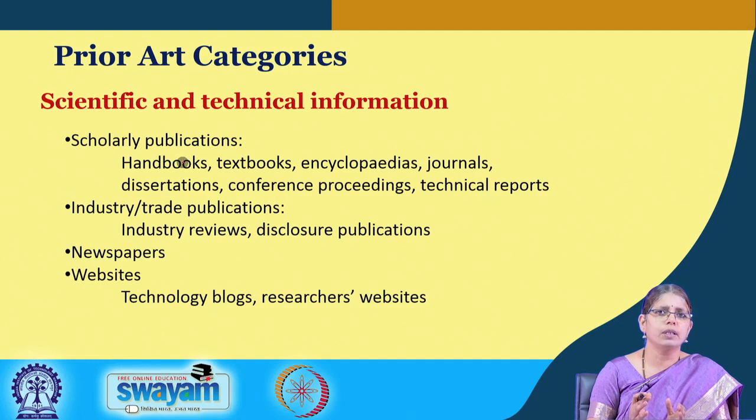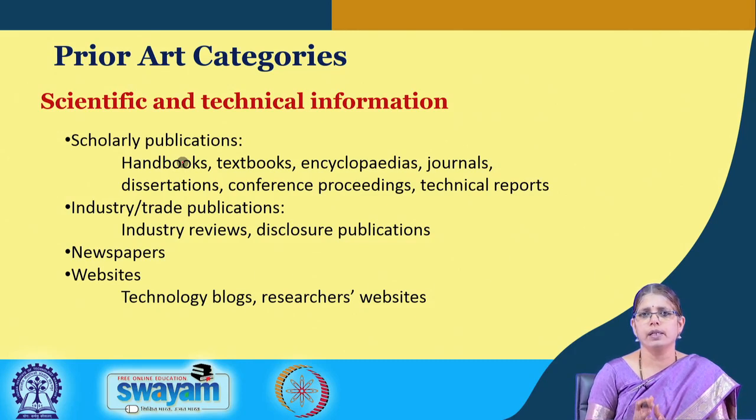It is important to keep in mind these different prior art categories for the assessment of the novelty of the invention. Another aspect we need to keep in mind is, if you have an invention already with you, it is not good to disclose it prior to filing a patent application. So, many a time researchers are looking at what is the right stage for filing a patent application.